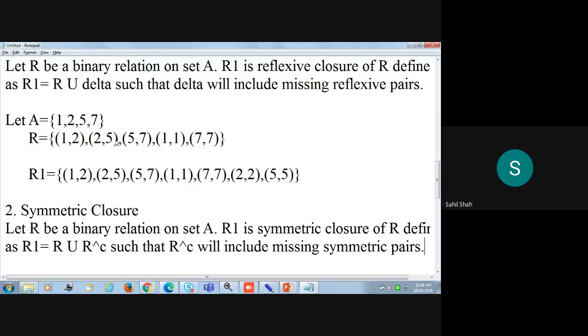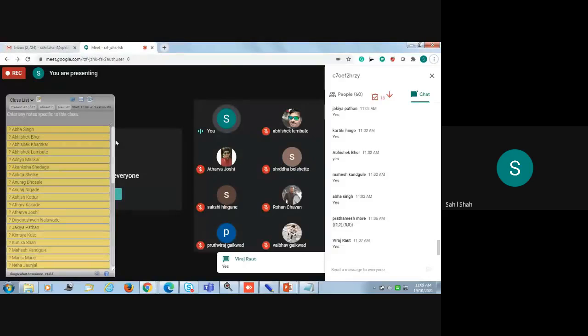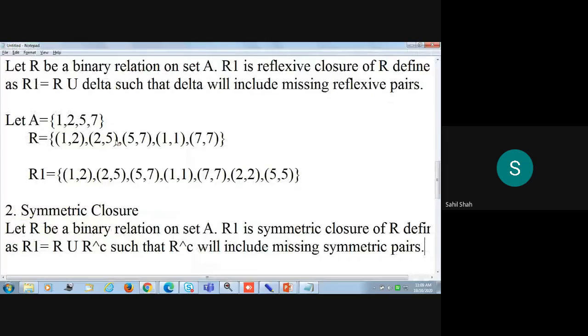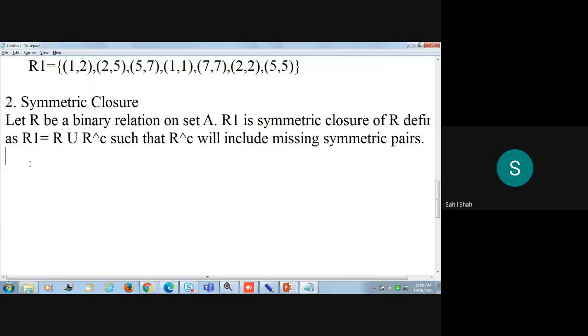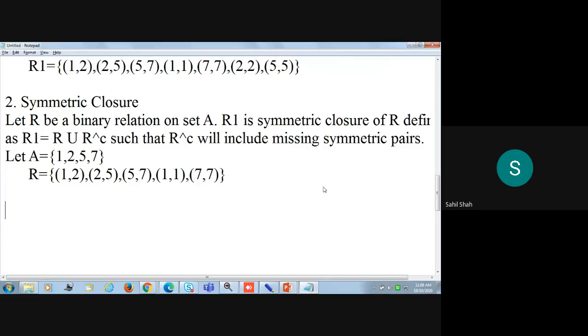Are you clear with this definition of symmetric closure? Yes? Okay. So can you tell me what is the symmetric closure of this relation R? We have seen reflexive closure. So what is symmetric closure?